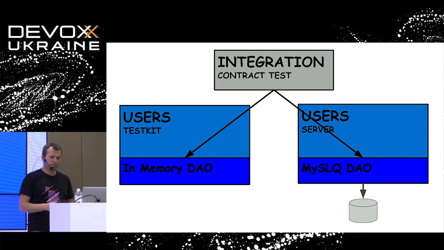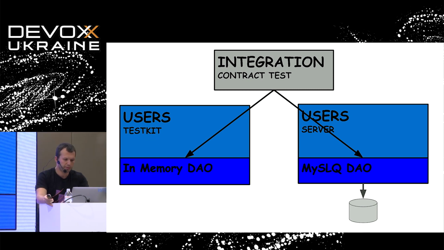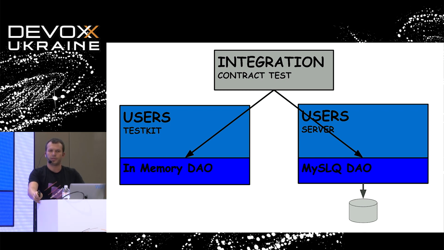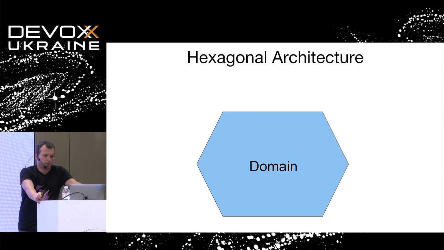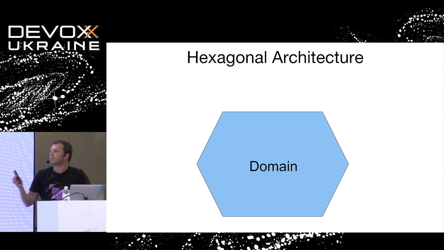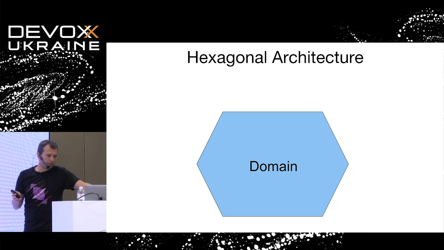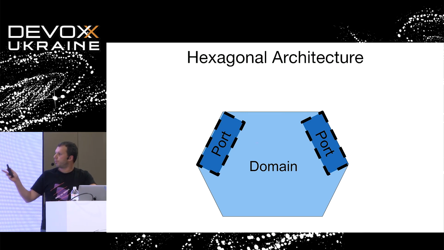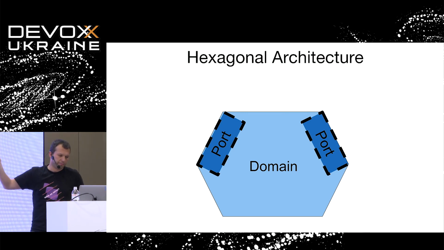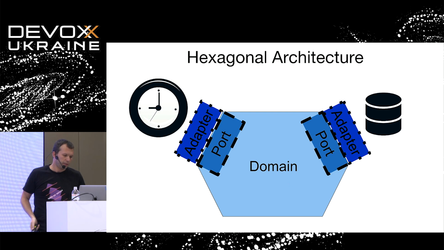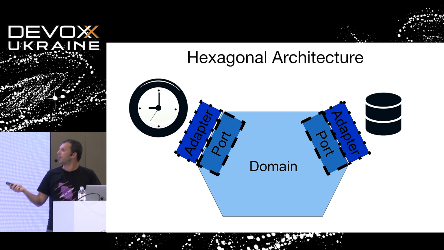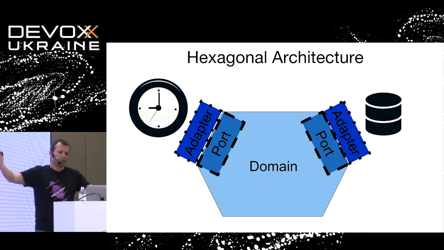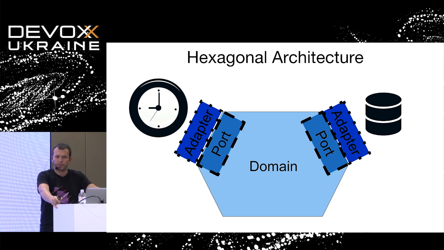And an important thing to say about this is that if your architecture is good, it's probably going to be easy for you. If you're doing something like a hexagonal architecture, you have your domain here, and you have ports for your external stuff, and then you have your adapters, which in our case are the database and the time, and it's all about swappable components.